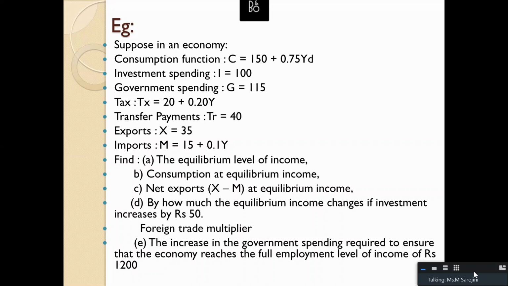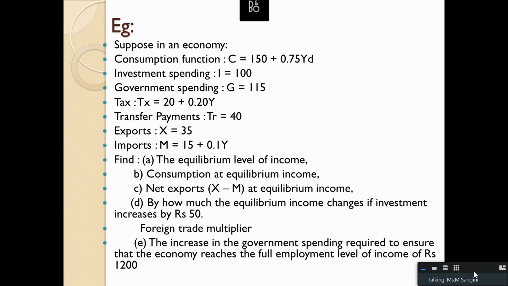And finally, we discussed the comprehensive model of the national income determination. The comprehensive model explains consumption, tax as a function, transfer payment, government expenses, investment, export as well as import. Here also, under the comprehensive model, import is considered as a function, right?